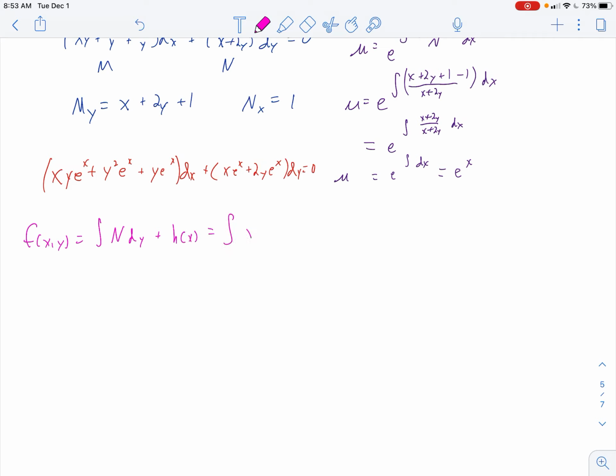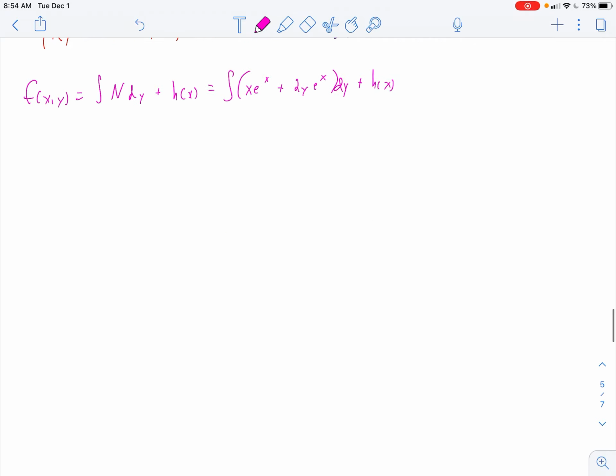The integral of x e^x + 2y e^x with respect to y, plus h of x, gives us xy e^x + y² e^x + h(x). And this is what our function equals.